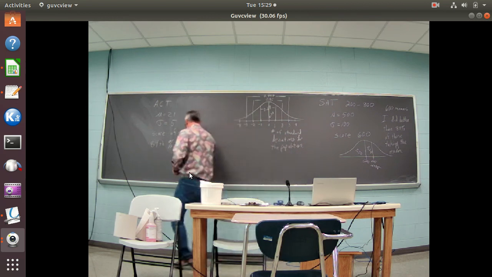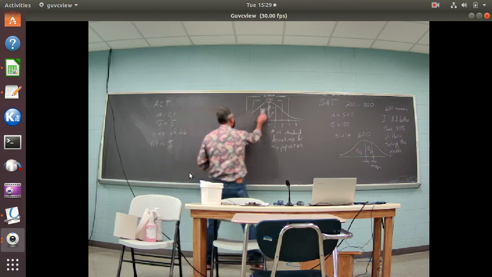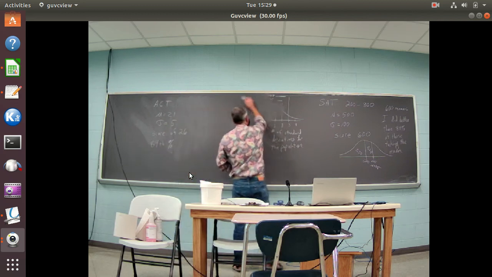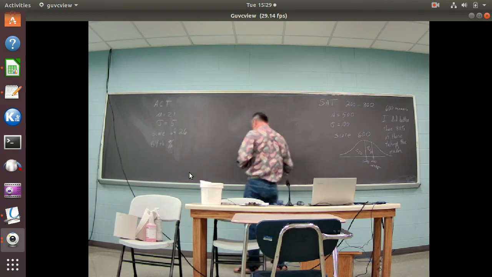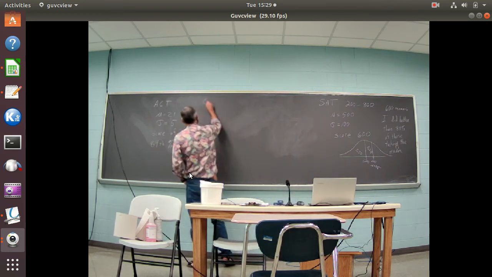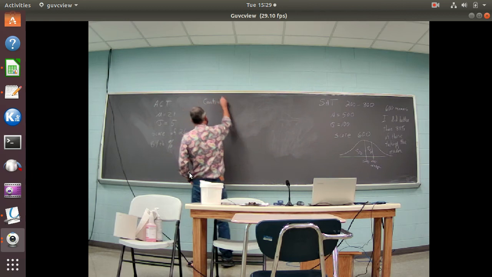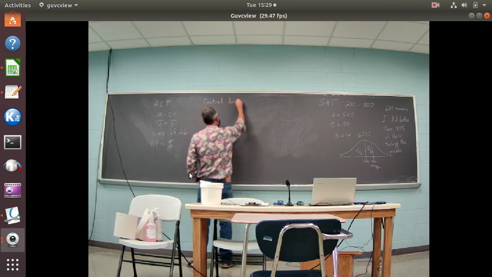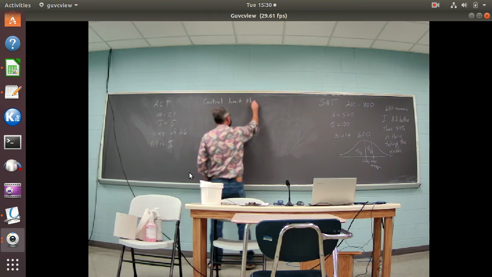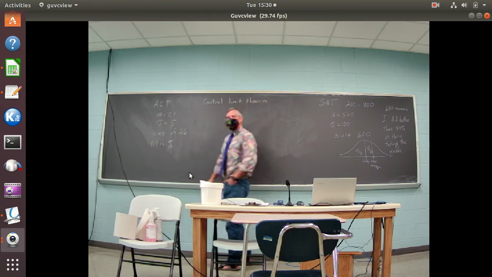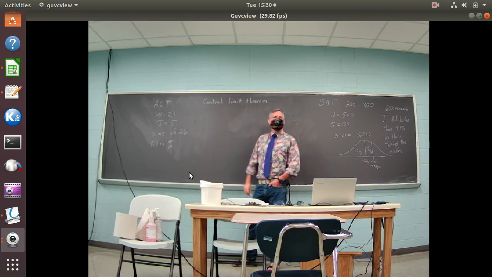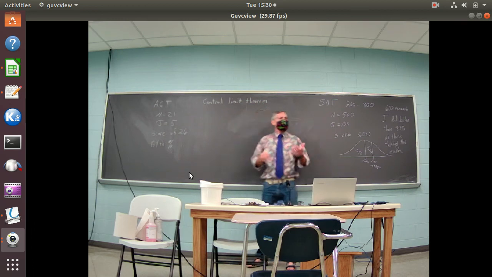And in the textbook, they mention the central limit theorem. This is actually the important thing here for us, because pretty much everything we look at are means.